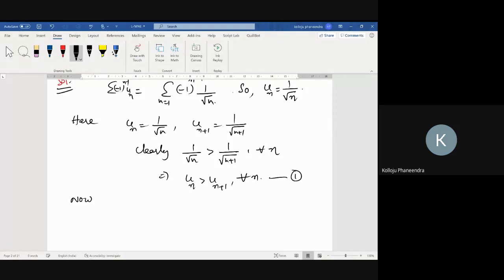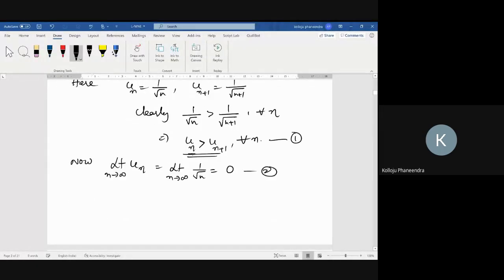Now take limit. Leibniz rule, I told you, the first condition is this. The second condition is for un, not considering signs, each term is numerically less than its preceding term. Limit n tends to infinity, un is equal to what? Limit n tends to infinity 1 over root n. So obviously, what is this value? 0. This is 2.